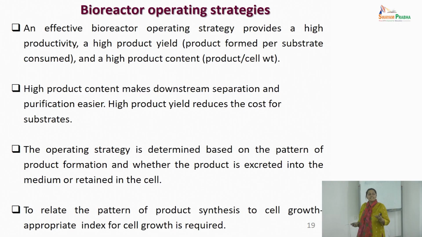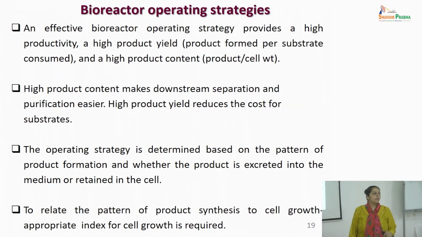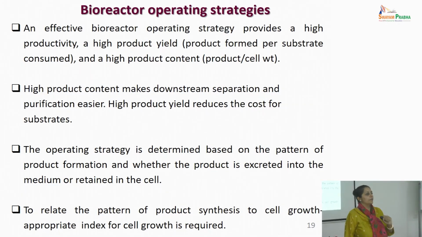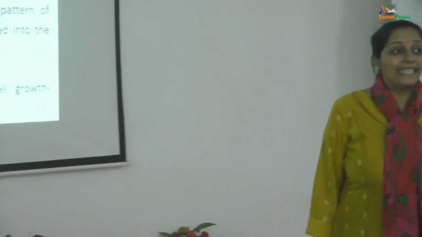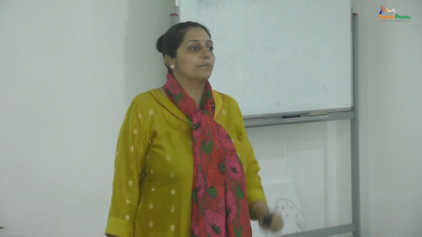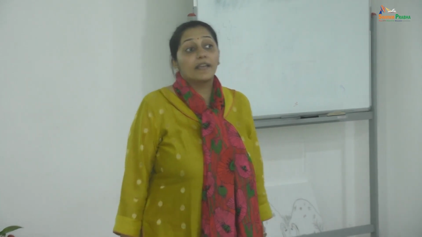Now, what impact does it have on the bioprocess? A high product content will make your downstream separation and purification easier. High product yield reduces the cost of substrate. Give some time to think about it and let me know if it is clear. The first statement was that high product content can make downstream processing easier. Why?